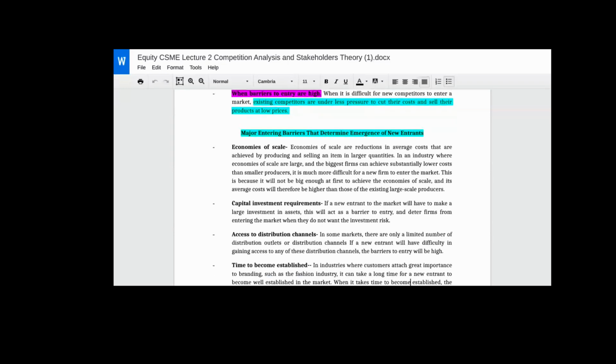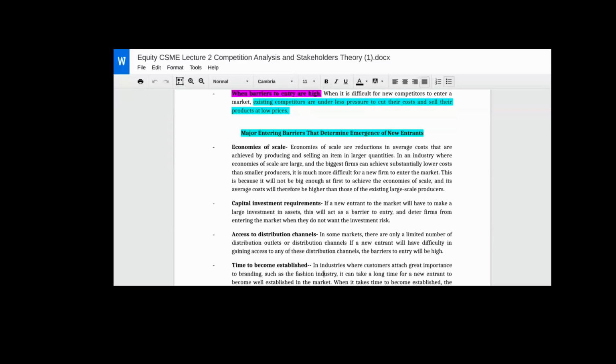Time to become established. I decided to add this because there are some industries where it takes the grace of God for your brand of product to become known in the market, no matter the level of aggressive competition or aggressive advertising that you did. A good example is the fashion industry that I put as an example there. It takes a lot of time for your brand to be established.